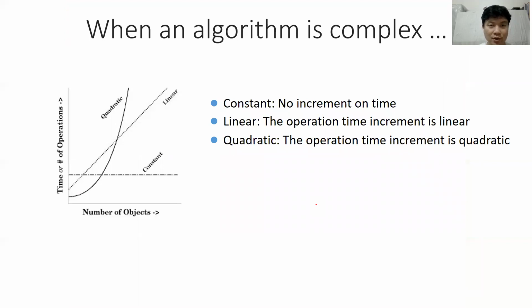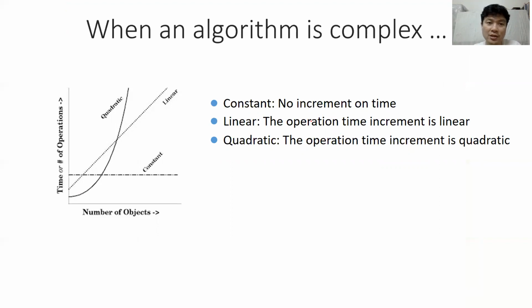When you have a good data structure, you need to analyze whether the algorithm is complex or simple. So what does it mean by complex? The algorithm can have a constant. The constant means there is no increment in time. So it will not depend on your data.